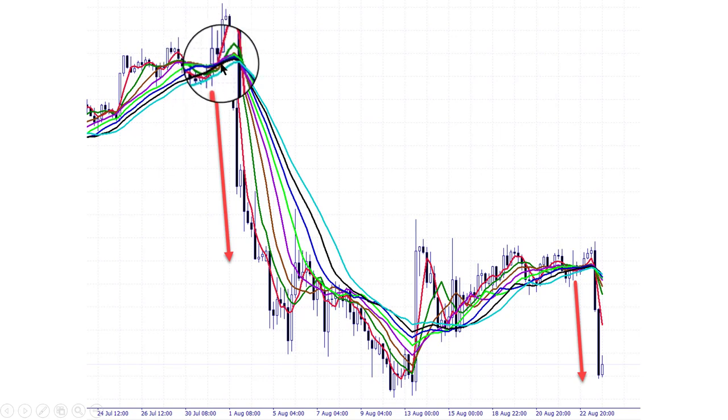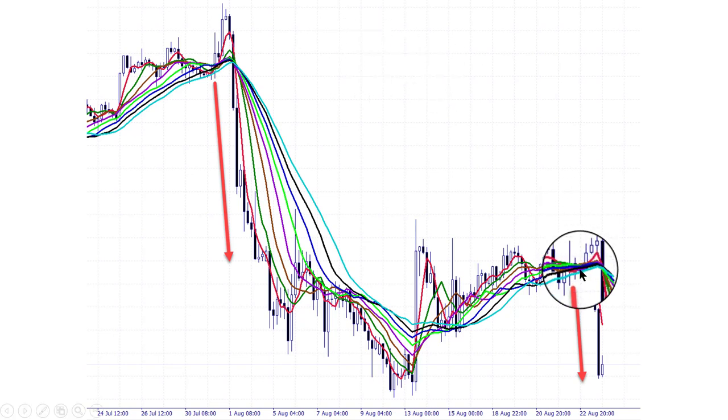So what I do is, when I see a consolidation like that going in one particular direction, I immediately put a pending order over here to catch the movement in the other direction. Same thing here, you see the consolidation, it starts going in the wrong direction, you put your pending order round about there and you catch the move.